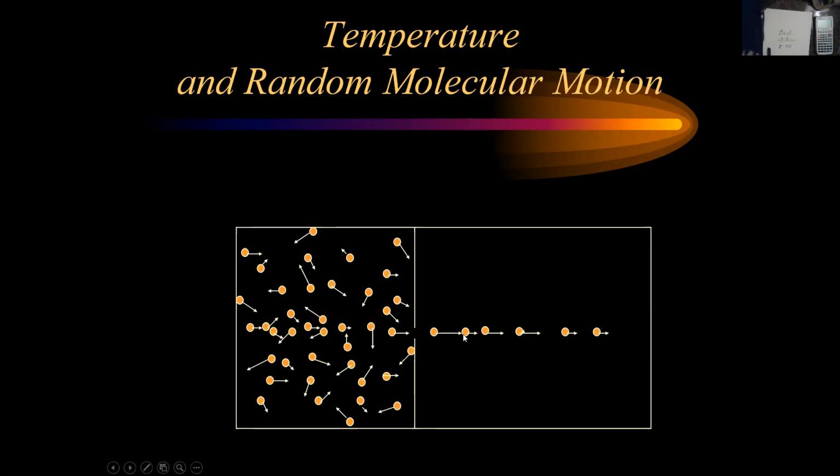Now, what happens? This molecule came out before this one, but this one is traveling faster. So eventually this one is going to overtake that one and bounce off, and you're going to have the 2 particles bouncing off in two different directions.